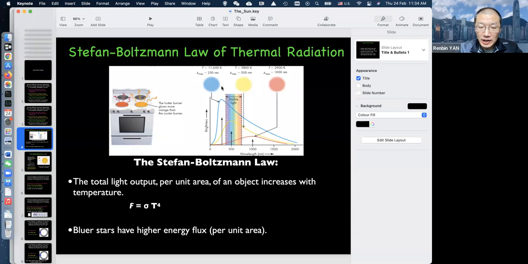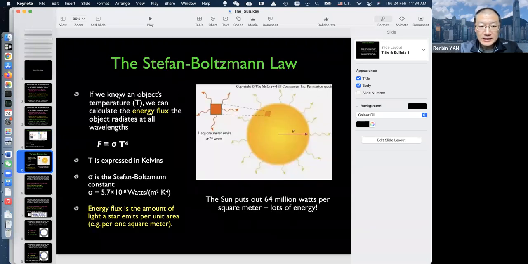So overall, the blue star will be much more luminous, and the total luminosity will be higher than the red star, assuming they are the same size. When we say luminosity, I guess I don't have that terminology on this slide, but luminosity means the total amount of output given out by the star from all of its surface area.